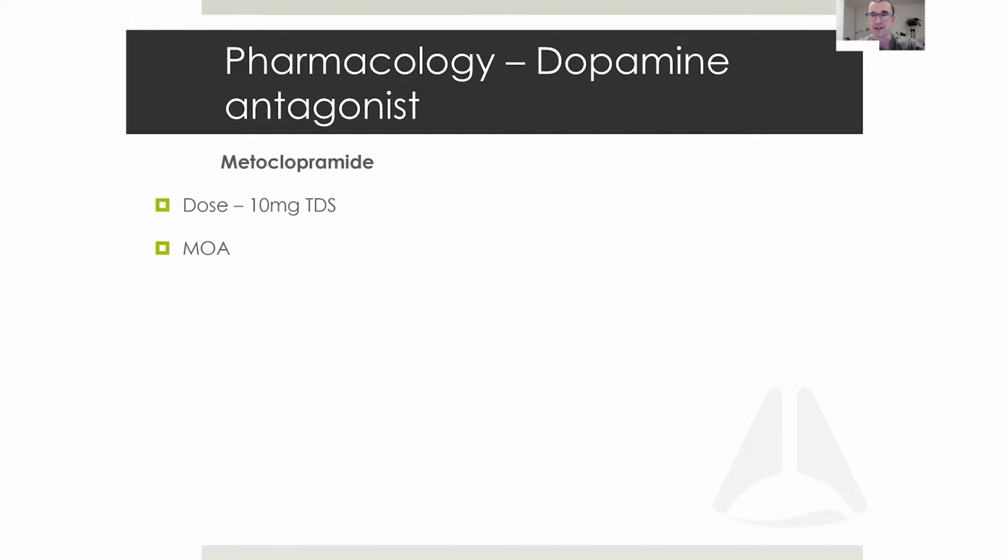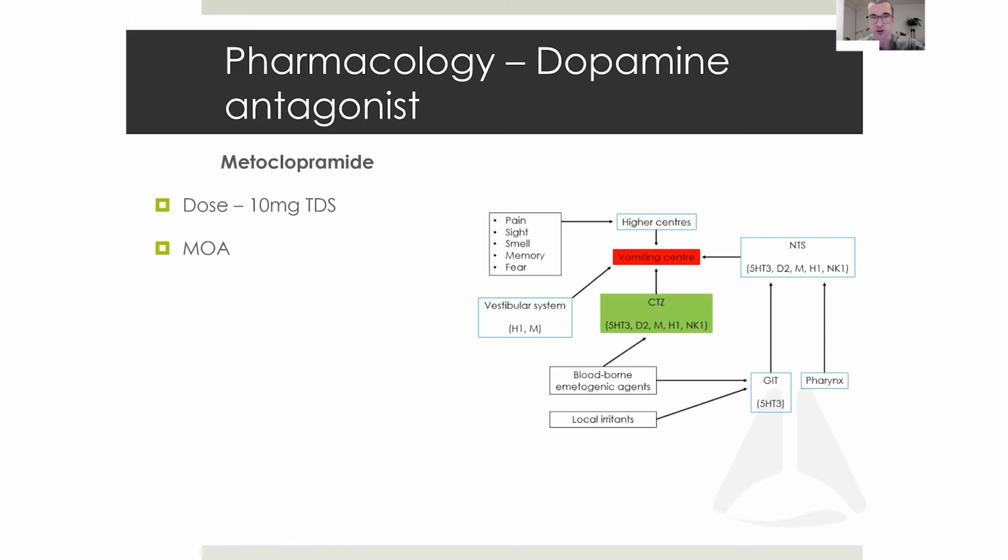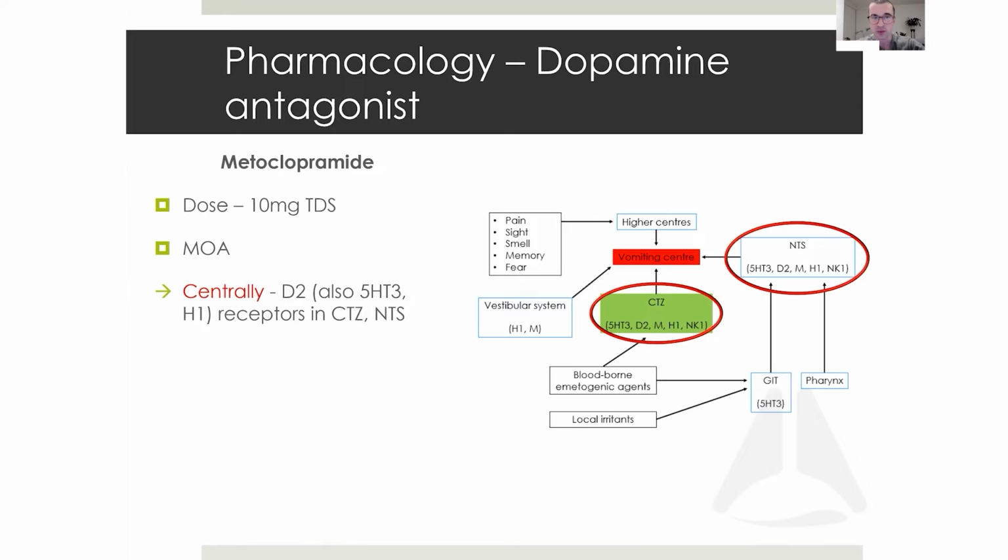It's referred to as a relatively dirty drug because it does work on your D2 receptors and it antagonizes them centrally. And it also works peripherally to increase gastric motility. But it also works on your serotonin receptors and your histaminergic receptors. And I believe based on some of the research, it has a very high number needed to treat to actually work. So it's not the greatest antiemetic, but it's something that's been around for quite some time, so we all know about it.